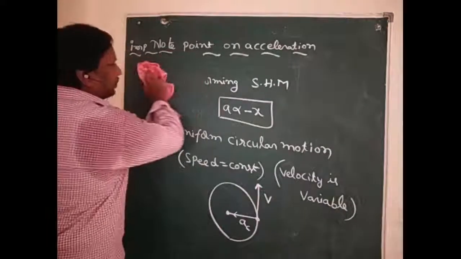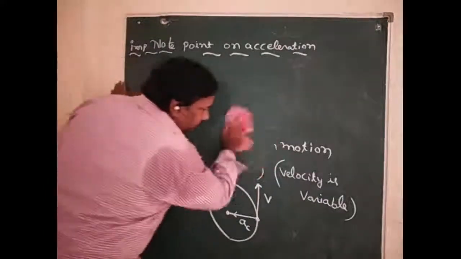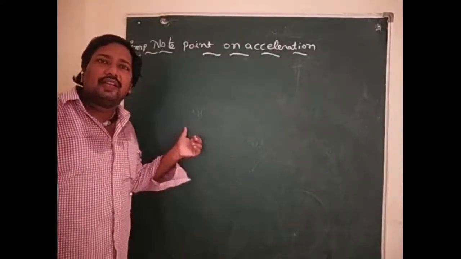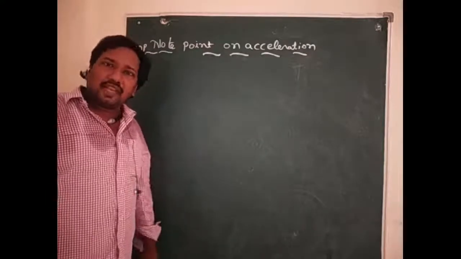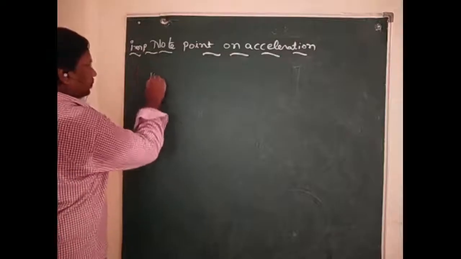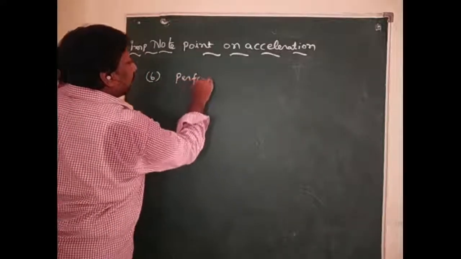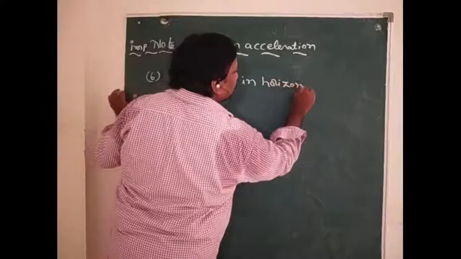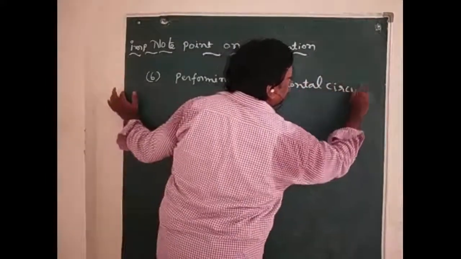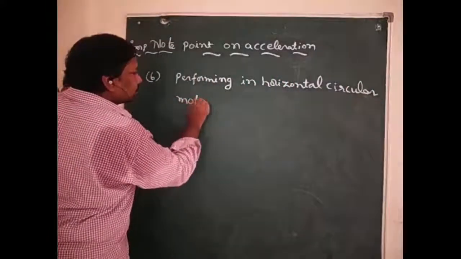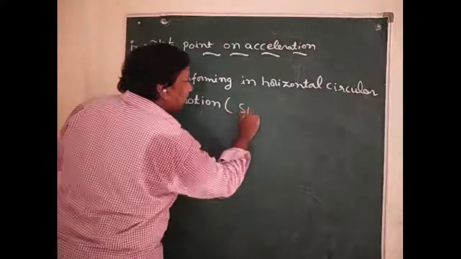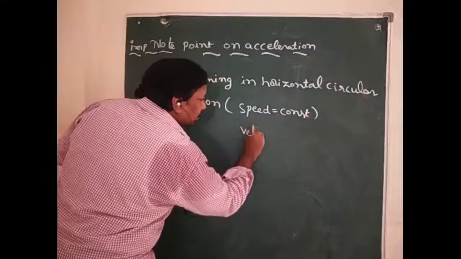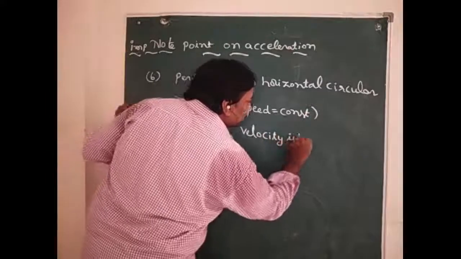Next, point number 5. When a particle is performing horizontal circular motion, speed is constant, but velocity is variable.